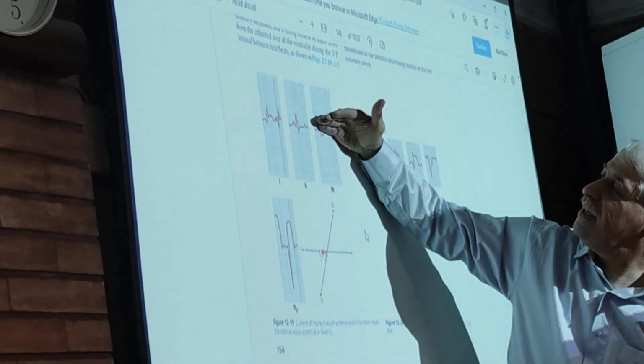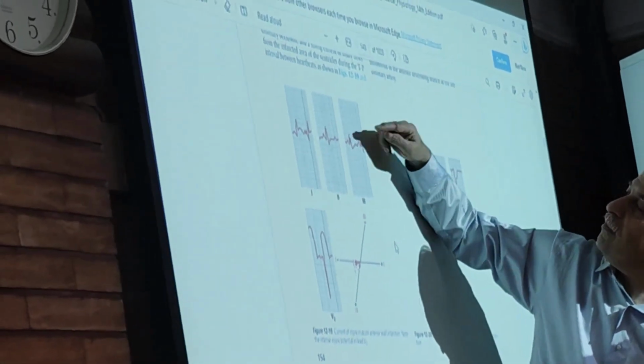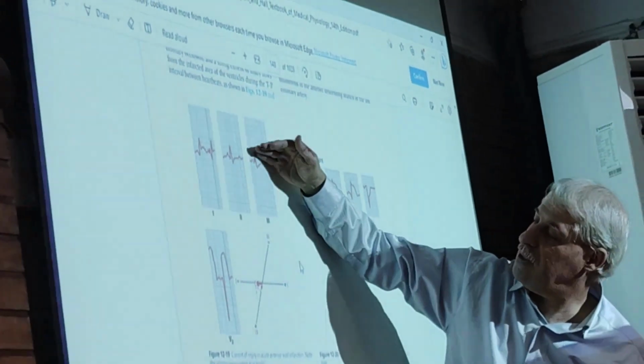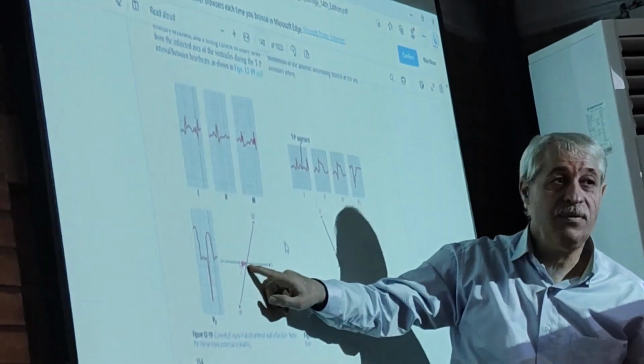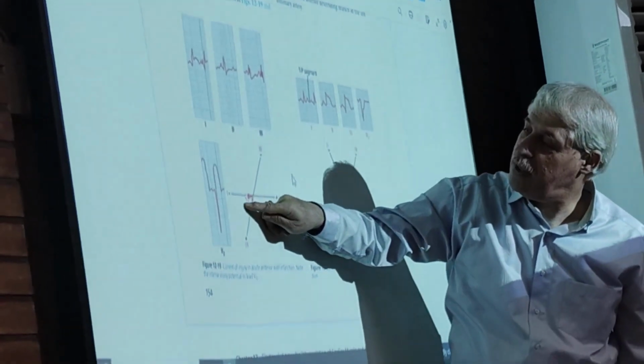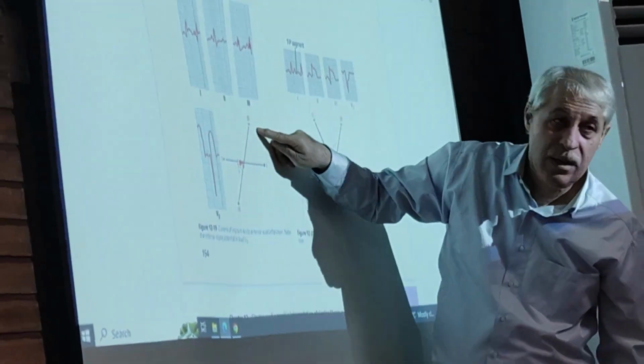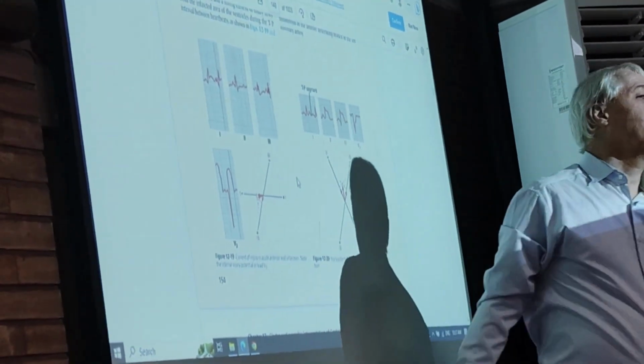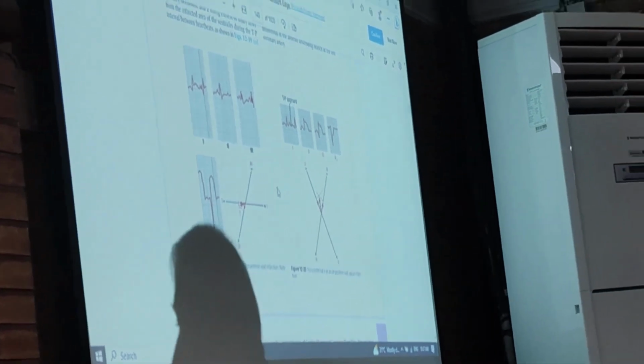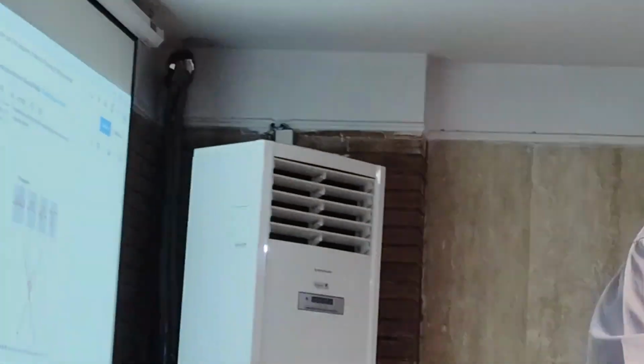In limb lead 3, this is positive. See? Positive, negative. The resultant vector would be here, toward the positive. It means that in the lateral wall or anterior wall of the left ventricle, you have a myocardial infarction.